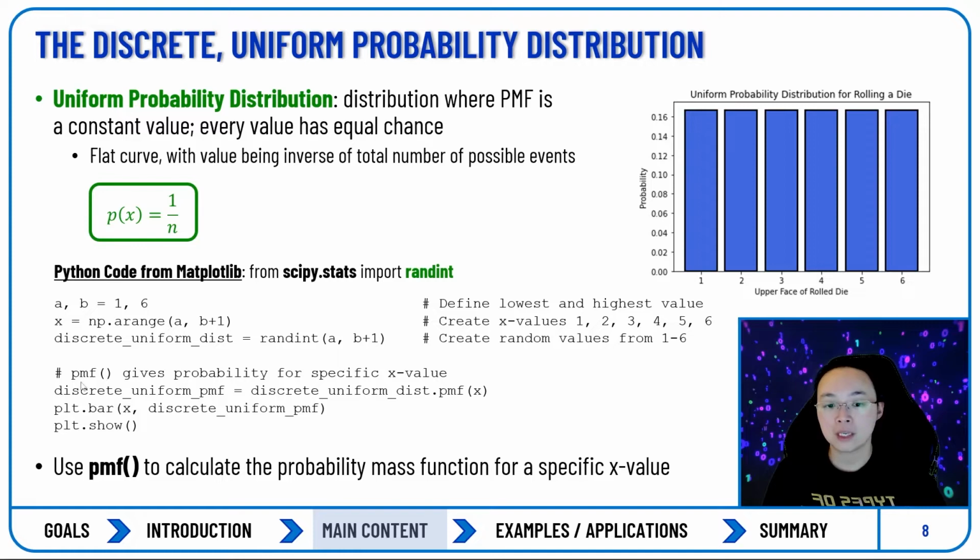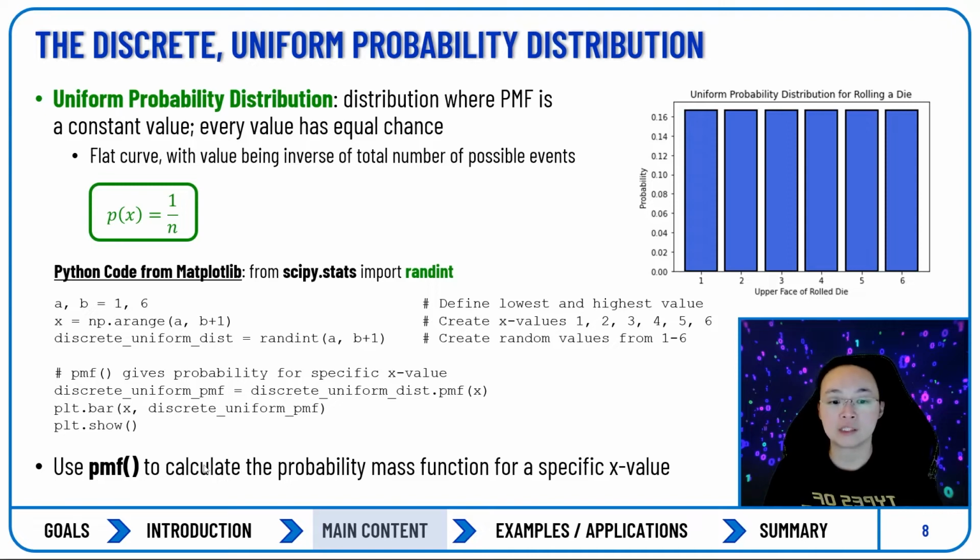Then what I'll do is create a variable over here, and I'm going to say that for each of these values, I'm going to calculate the probability of those values. So I have the discrete uniform distribution for this one. I use the PMF function of x for each of these. And so the probability of getting 1 is this, the probability of getting 2 is this, so on and so forth. And then I can plot the bar graph and then show it after.